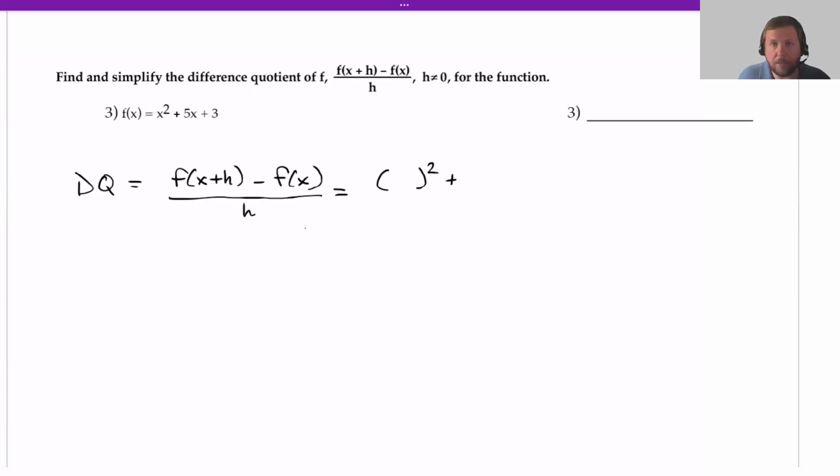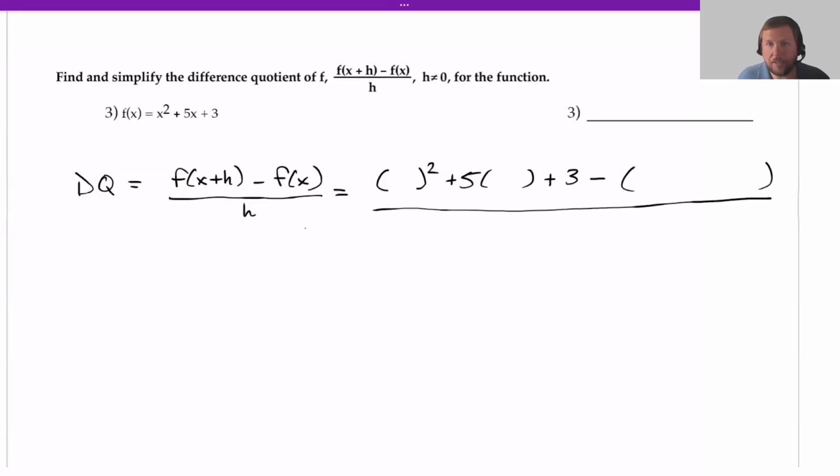So I have x, so blank squared plus 5 times blank plus 3, and then minus blank over h. So what I'm dropping in here is x plus h and x plus h. And then what I'm dropping in over here is just the original function. So x squared plus 5x plus 3.